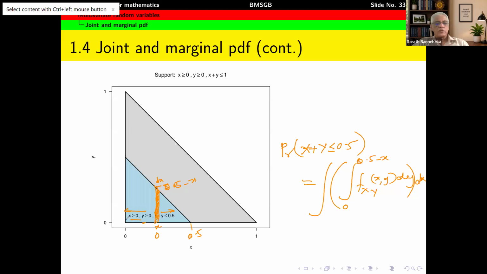Now x will go from 0 to 0.5. Right. So that's how you will get that area. That is one method.